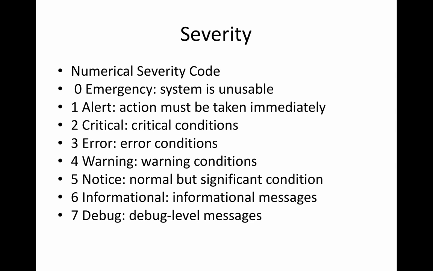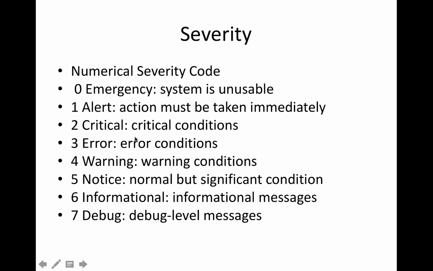IT people generally aren't going to care about debug level messages because debug level messages are like all the way down to I'm allocating 12 bytes of memory right now. I don't care about that in the firewall. That is a level of information that I do not want. So if you turn on debug mode logging, you will probably insta-fill log files really fast.